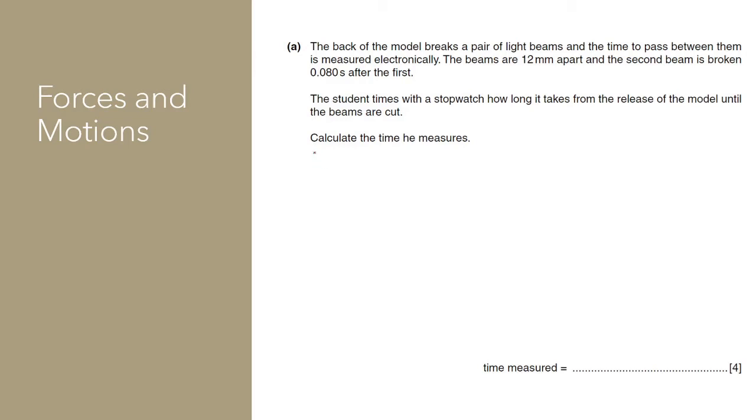We can calculate the value of the velocity when the model breaks the pair of light beams as 12, the distance between the beams, divided by 0.08, the time taken to break the two beams.